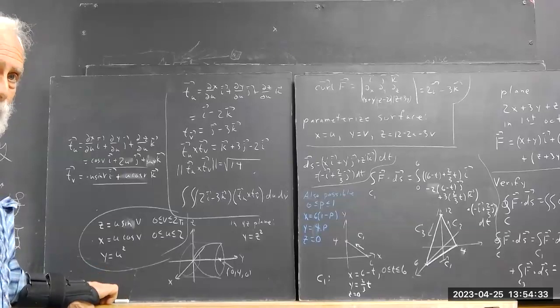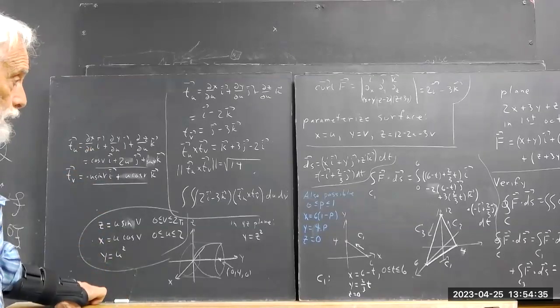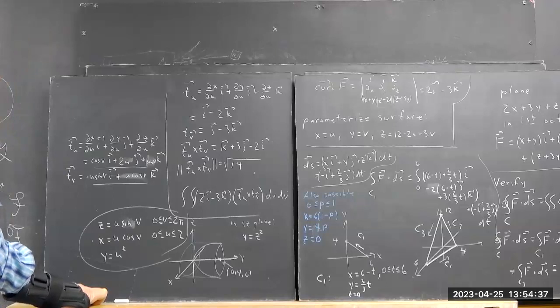Now, we're kind of a little bit hung up on the idea of parameterizing surfaces. We're getting there. But we've got to get there a little better and then apply it to these Stokes theorem problems. Once you have that, there's still a lot to learn about Stokes theorem. So, I was hoping to use all next week for review. We're going to have to overlap Stokes theorem into Thursday's class.